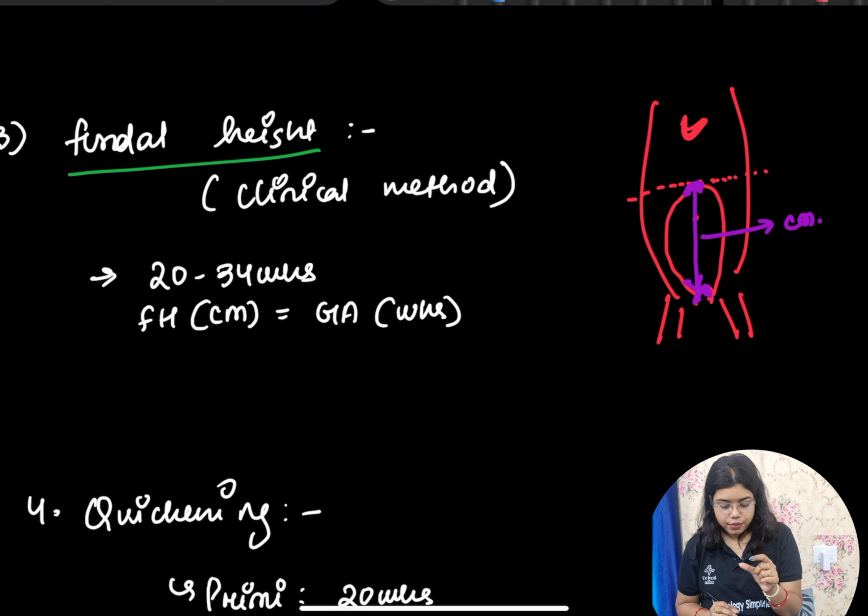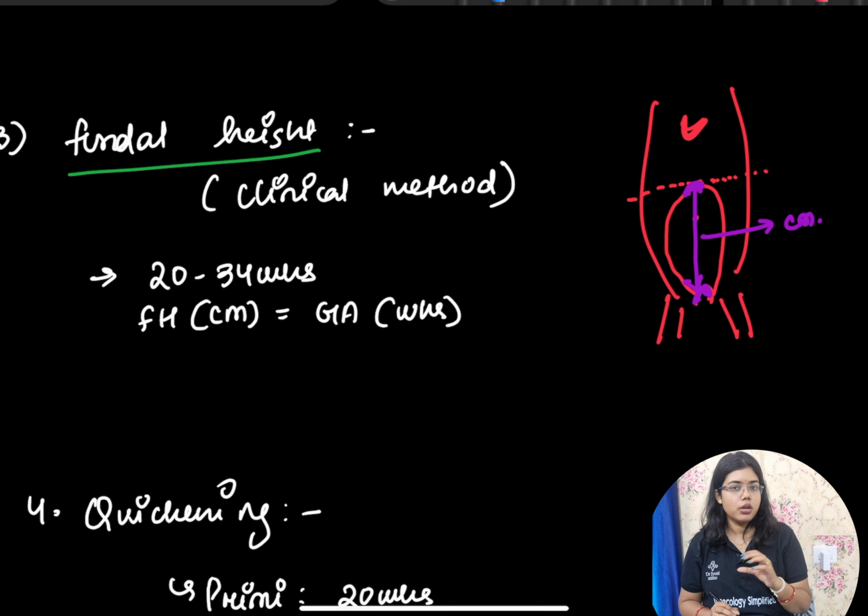So if the fundal height is, let's say, 26 centimeters, we will approximately term the gravid female as 26 weeks. If it is 24 centimeters, then we will term it as 24 weeks of gestational age.